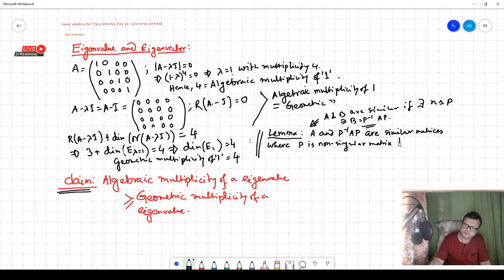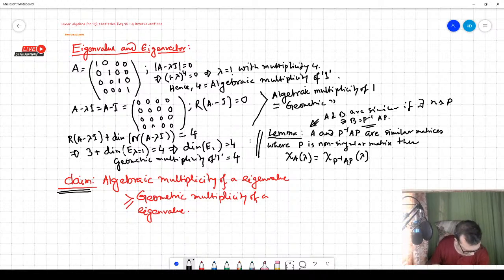Then the characteristic polynomial chi A, which I already defined as the characteristic polynomial of a matrix A, as a function of lambda, equals chi of P inverse AP as a function of lambda. The proof is simple.